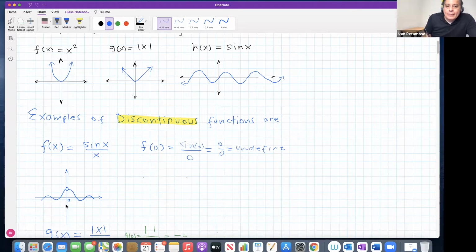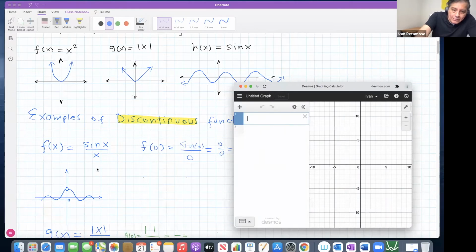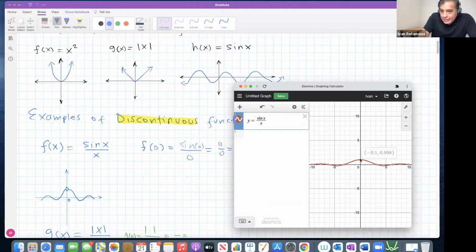But the rest is okay. It's just missing one point. And you can also check this on your grapher, y equals sine of x over x. It shows the graph. You click in here, you will see that at 0 it is undefined. There we go, 0, undefined.